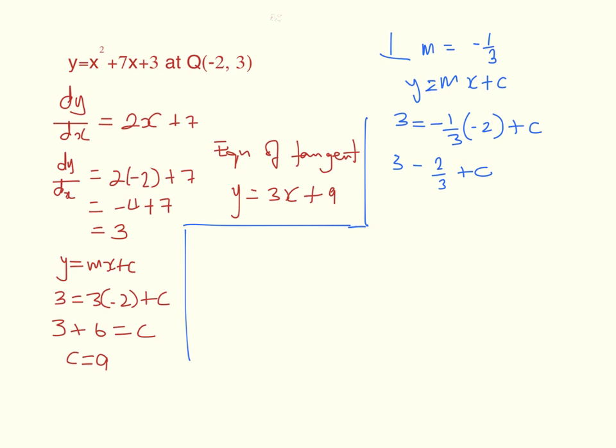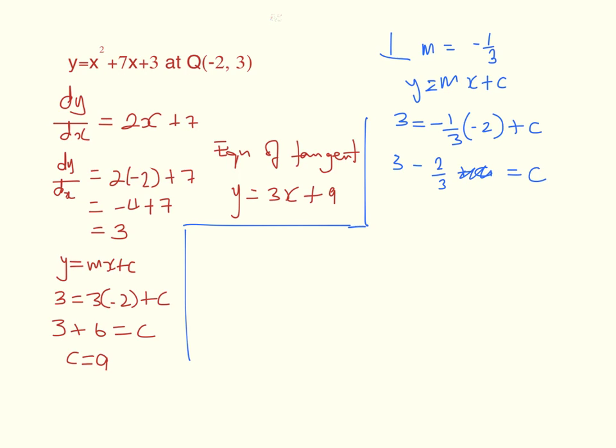It's a positive 2/3, but when it goes over, it becomes a minus there. I should probably change this to equals rather than what I've got there. I'll just scribble that out and put equals c.